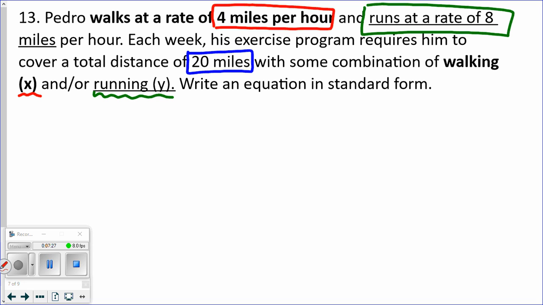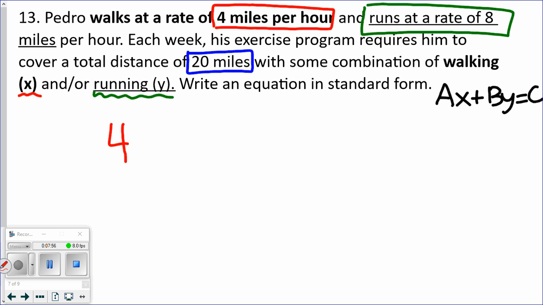It says write an equation in standard form. And standard form is ax plus by equals c. So let's start with what I have boxed in red. What does he walk at? He walks at a rate of 4 miles per hour.